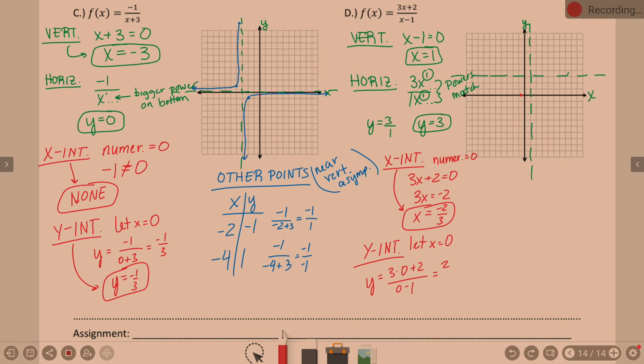What do we have? 2 over negative 1. So a y-intercept of negative 2. Y-intercept of negative 2. Left to right 0. Down 2.